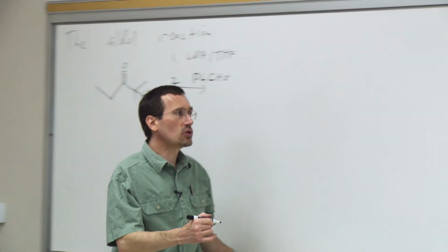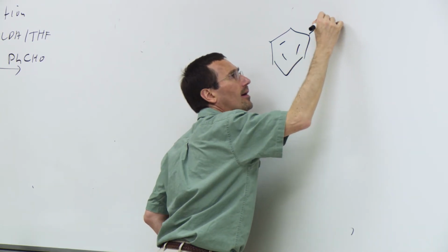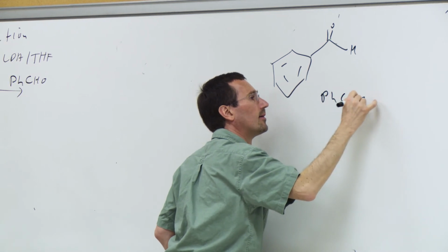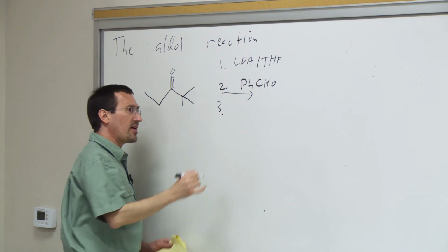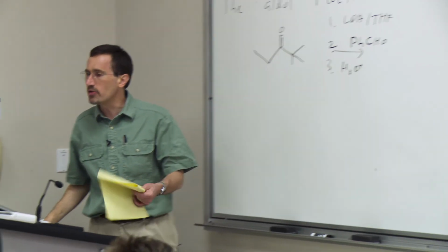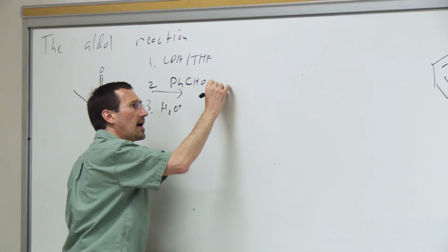This is just a shorthand for a benzene ring and an aldehyde group. And finally, we carry out some sort of aqueous workup with aqueous acid. I usually will use aqueous ammonium chloride, which is a very mild workup.